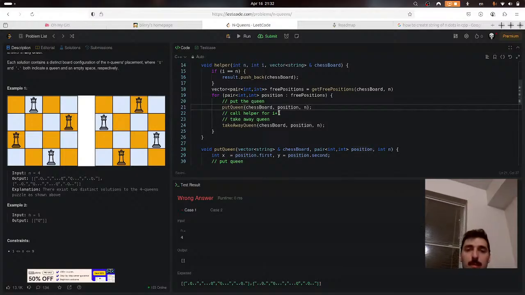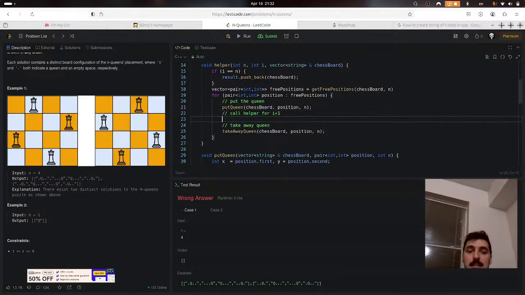And the helper function will be called last. I always wanted to use the word last. n, i plus 1, and the chessboard? Really?